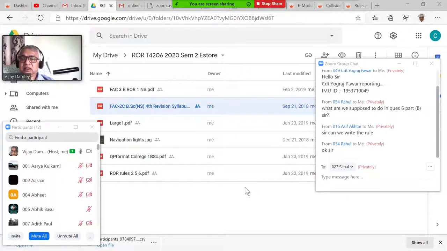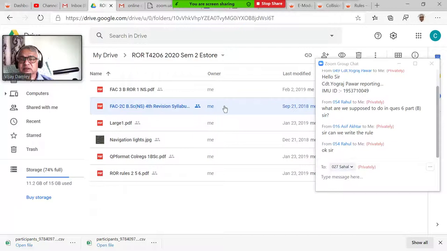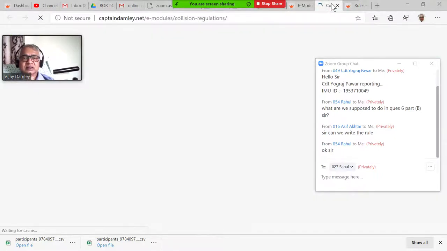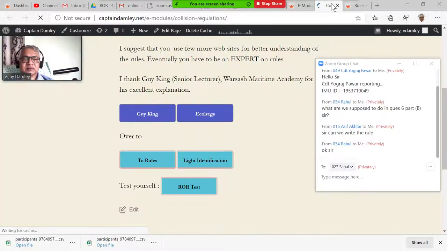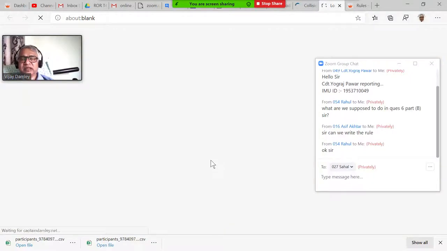But when we are talking about rule number 21 or 20 onwards, what we are talking is 20 to 31 are what lights have to be shown by different types of ships. This is something it needs further improvement. As I get feedback, only I can improve it further.